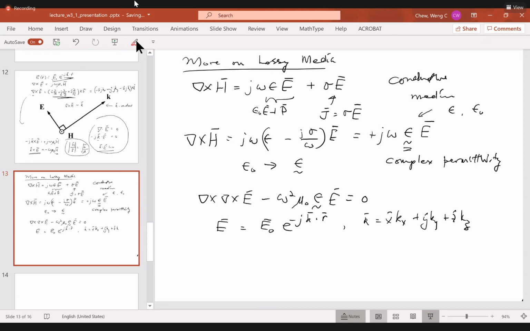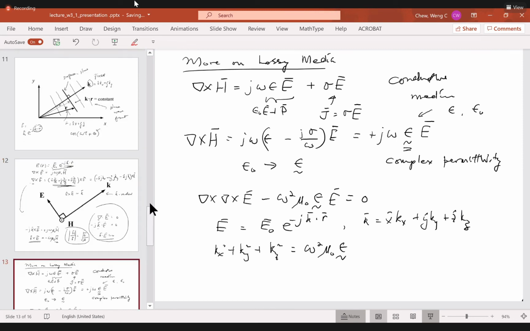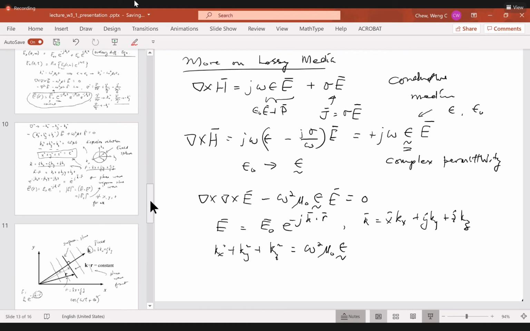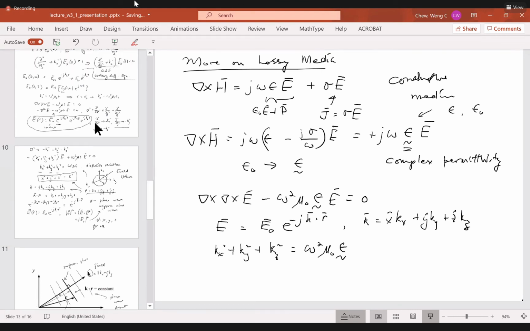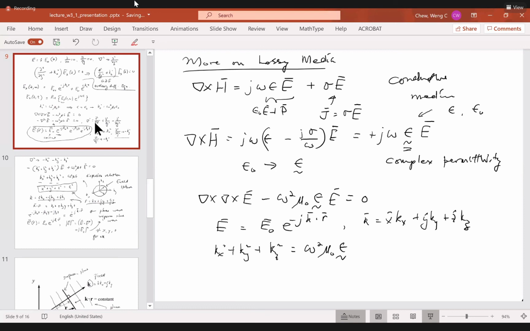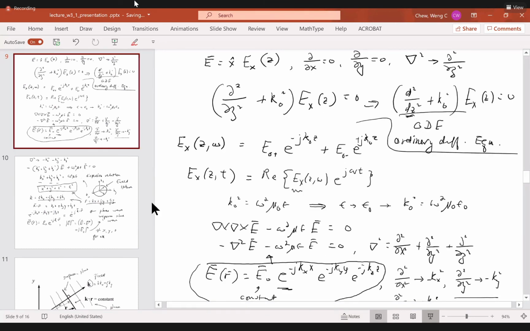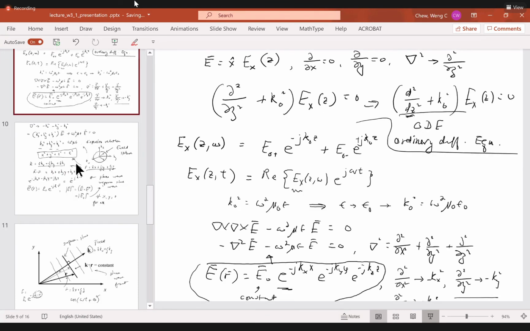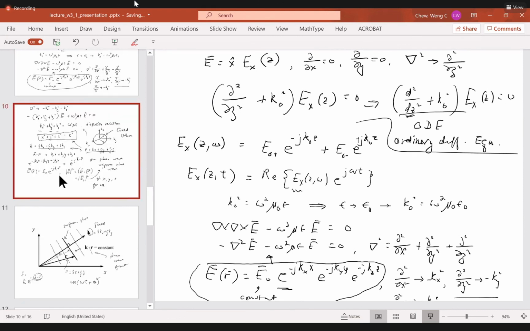But there's one catch here. The catch being that the dispersion relationship that I have derived previously is now this one. Previously for the free space case, or for the non-conductive medium case, I showed this to be true. We plug this into that medium, and after we plug that in, we show that this has to be true.